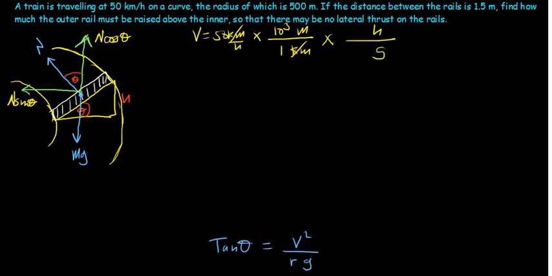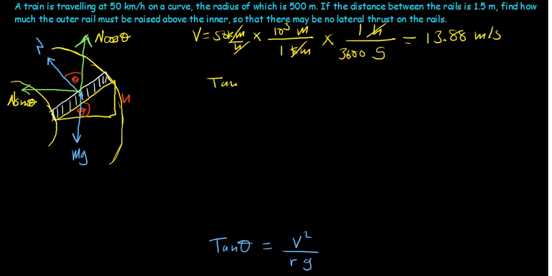We want a second down. In 1 hour, we know we've got 3,600 seconds. And the hour is going to cancel. So we just get to multiply 50 multiplied by 1,000 and then divided by 3,600. And that is going to be 13.88 meters per second.